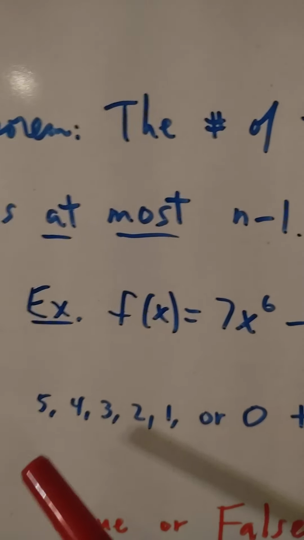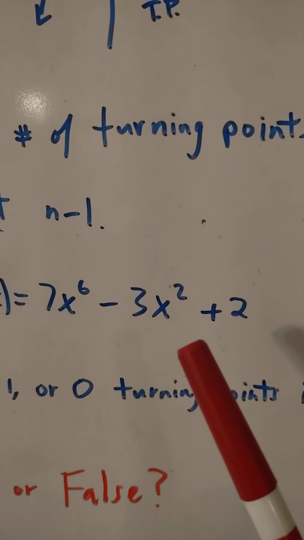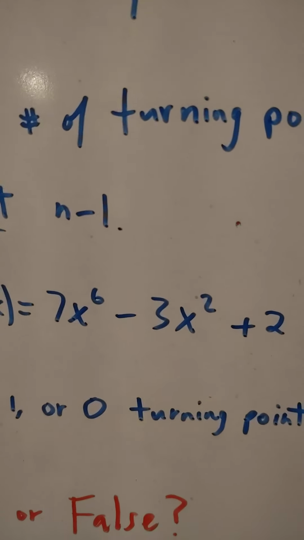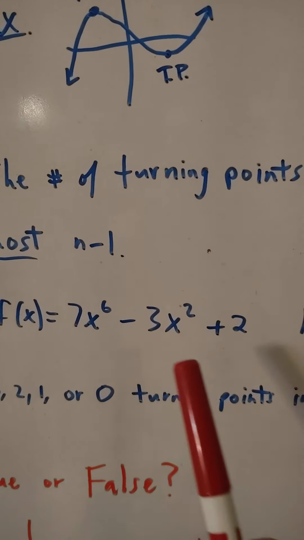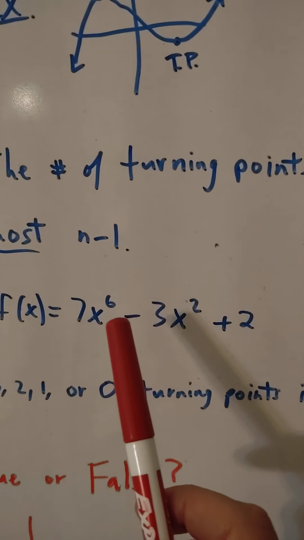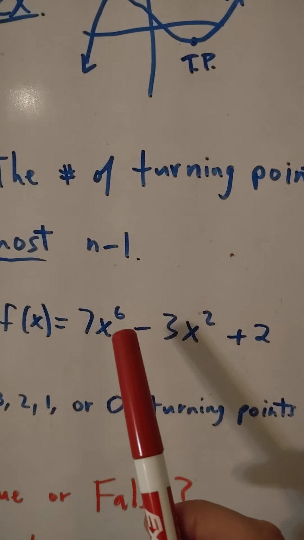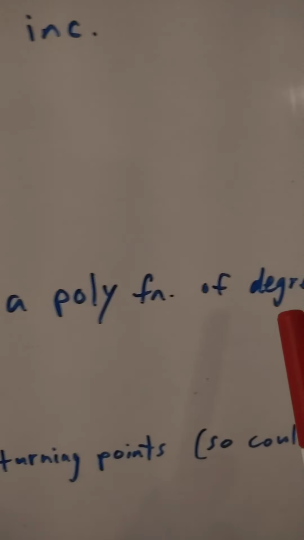Say we're given this polynomial function, f of x equals 7x to the 6 minus 3x squared plus 2. How many turning points are going to be there at most? We don't know exactly how many, but we know at most how many they're going to be. What's the degree of this polynomial function? You take the term with the highest exponent, and that will be the degree for the whole function. So isn't the degree 6? Or in other words, n is 6 in our example.